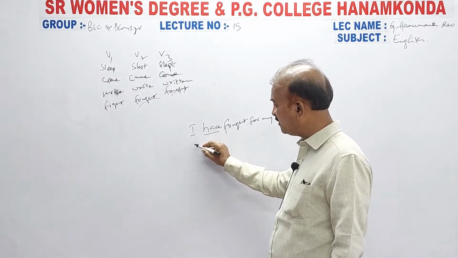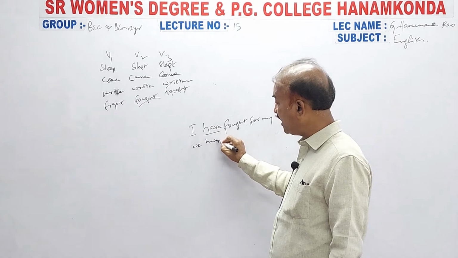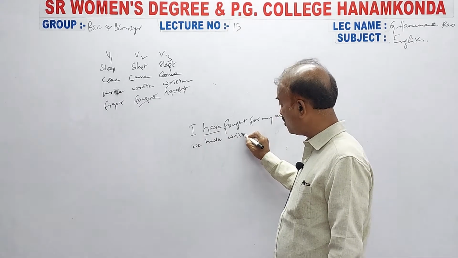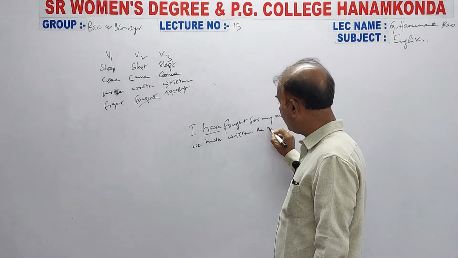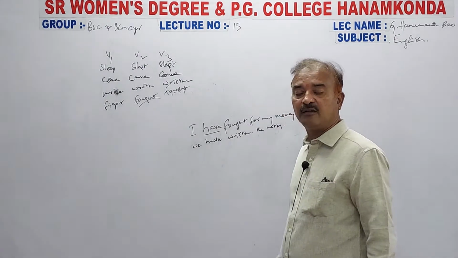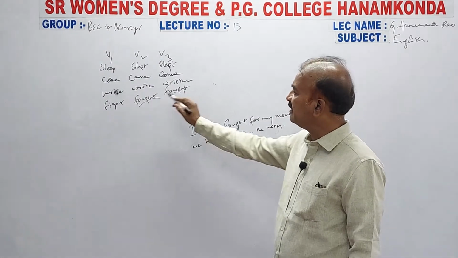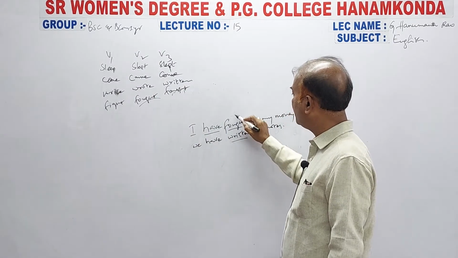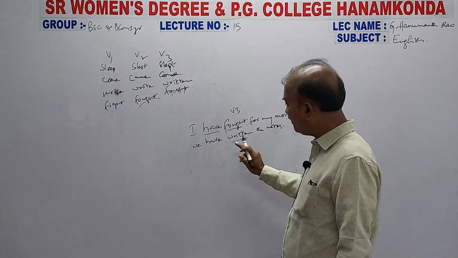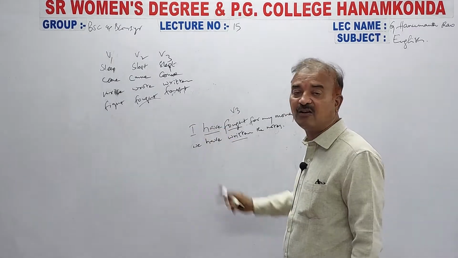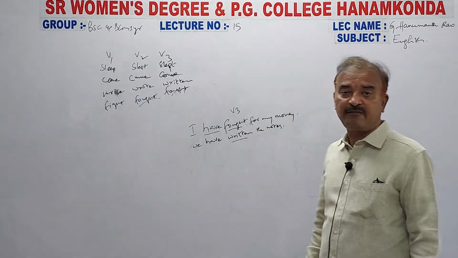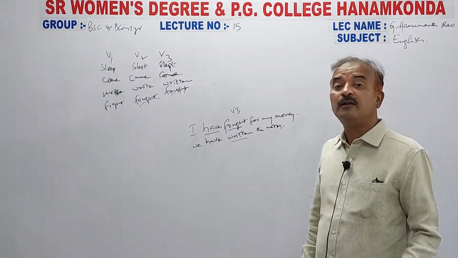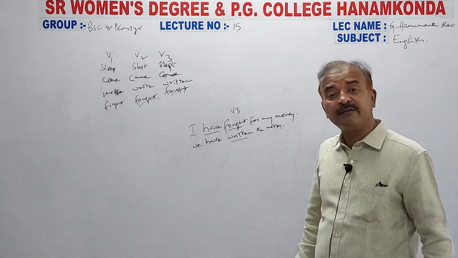For example, we have written the notes. Check this one. Write, wrote, written. Here, check this one. Written. This is the V3 form. All these are V3 forms. And every V3 form will have something preceding it already, in the way of a perfect tense or in the form of a helping verb.